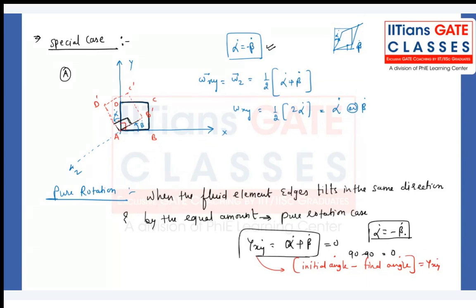So this is called a pure rotation case. Any example of a pure rotation case? Just like a solid body rotation. In a tank you have the fluid, and this fluid has been rotated by some external source.